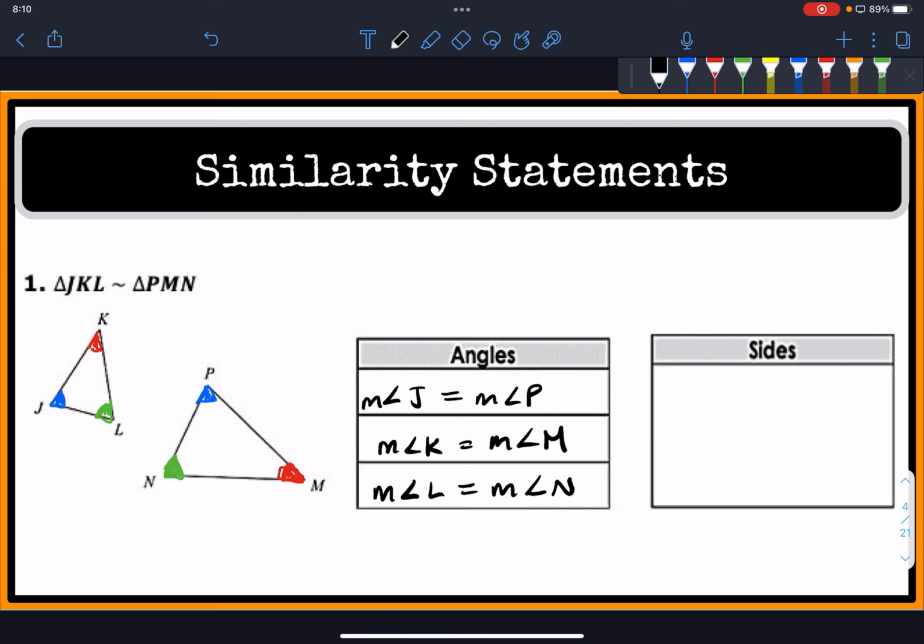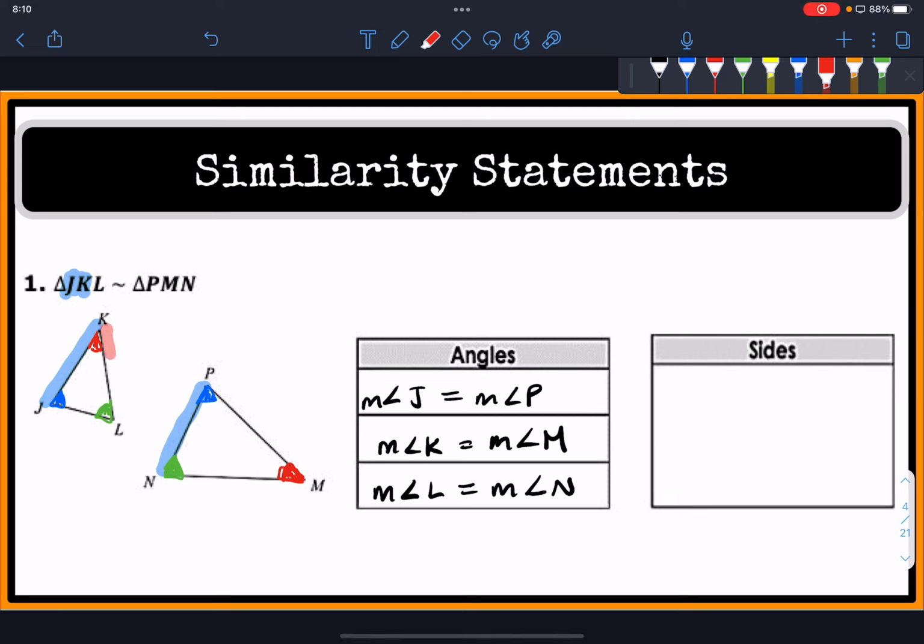And because of that, this segment from JK is proportional to this segment here. So those are corresponding sides.